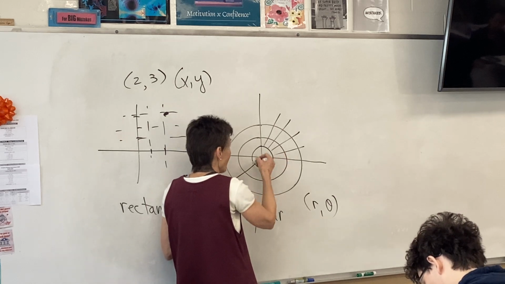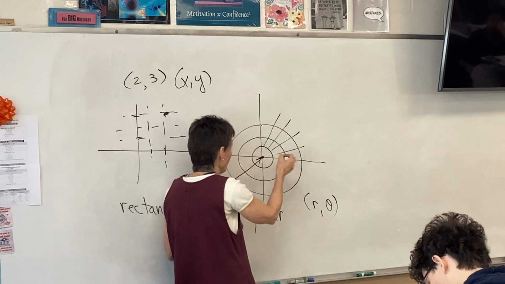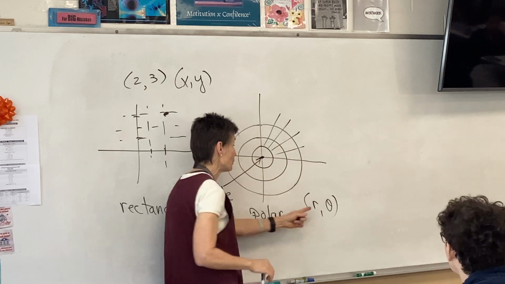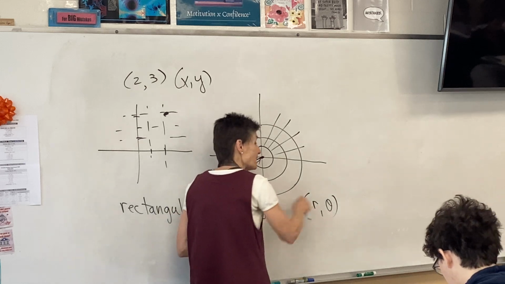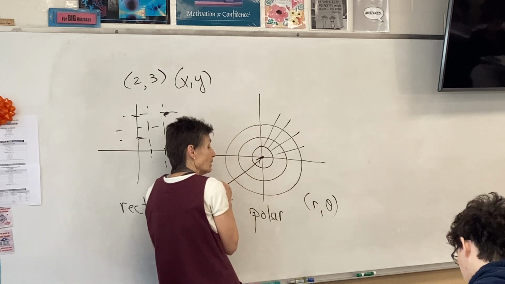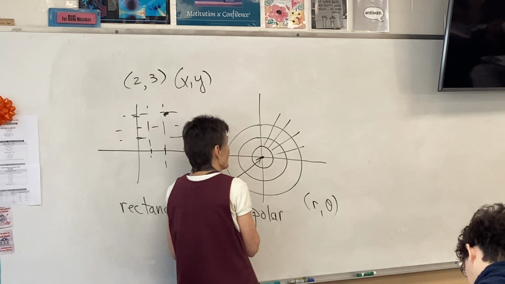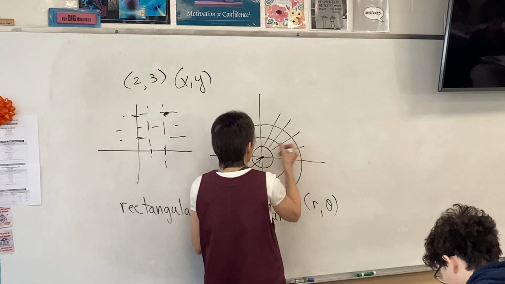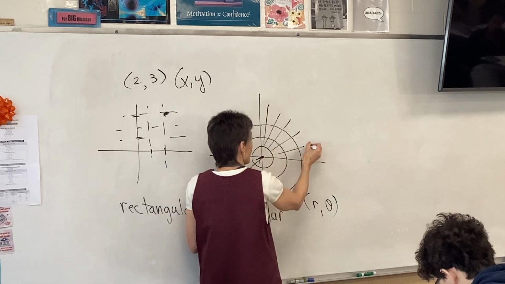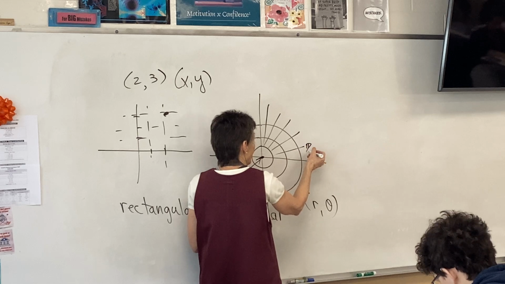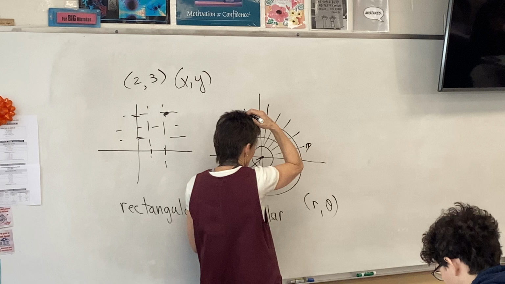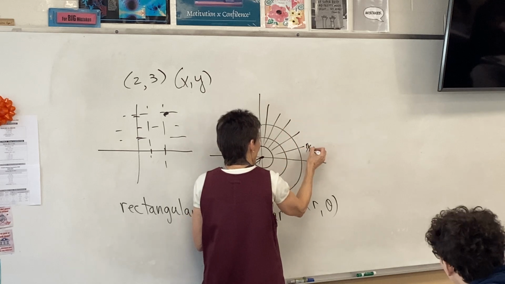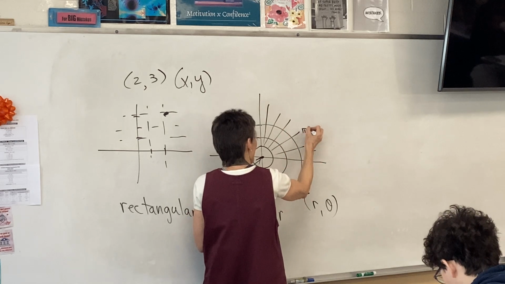So like here, I'm 1 unit out from the pole. Here, I'm 2 units out. You can think of R as like a radius of that circle. And then theta is the angle in standard position. So for example, I didn't do this very well, but this would be pi over 12. This is pi over 6.